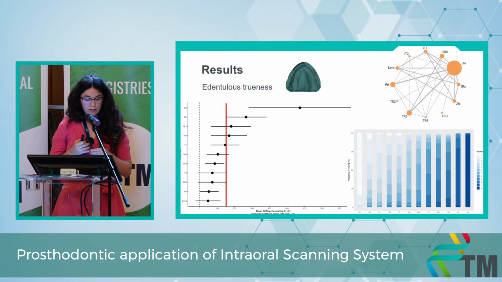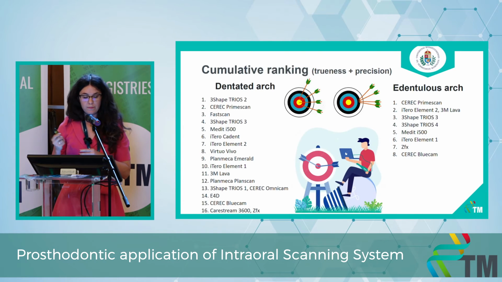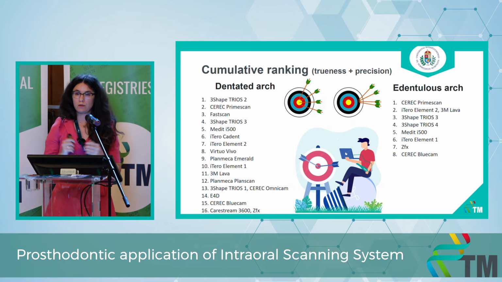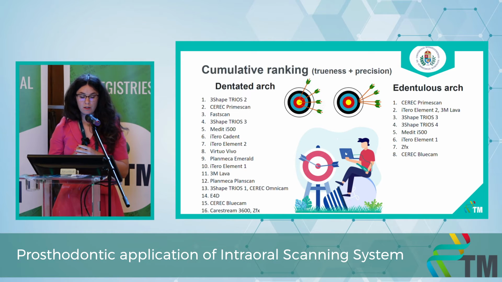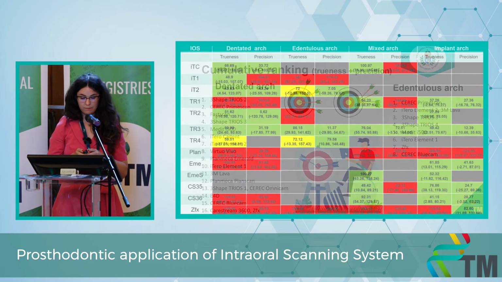Also, we can see that there are big differences between the devices, so this should be noticed for the indications. We made a cumulative ranking system where the accuracy was measured, both the trueness and the precision part were summarized together, and now we have here the dentated and the edentulous arch cumulative ranking, so we can give the order of which scanner is better in this kind of full arch scan.